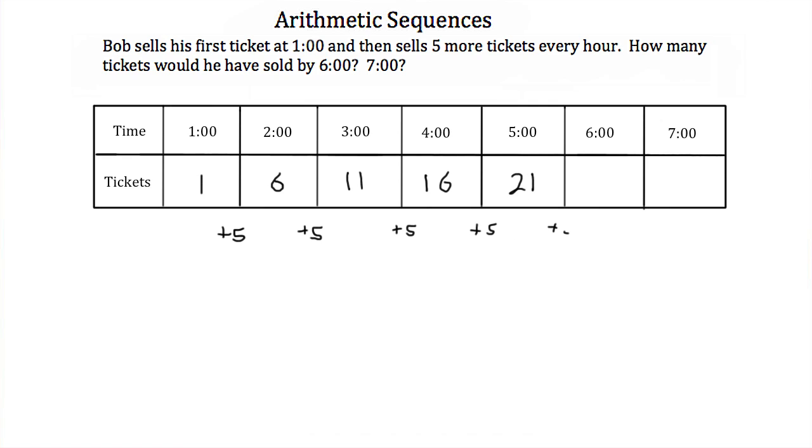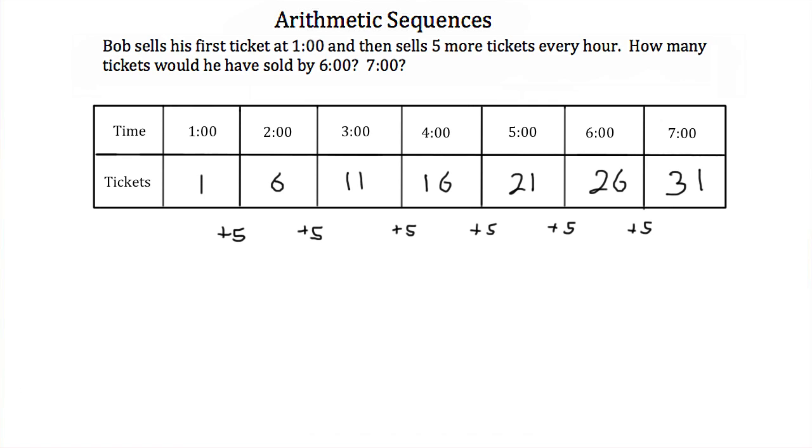And then 5 more again is 26. And then by 7 o'clock, he sells 5 more, so it's 31 tickets. So by 6 o'clock, he sold 26 tickets, and by 7 o'clock, he sold 31 tickets.